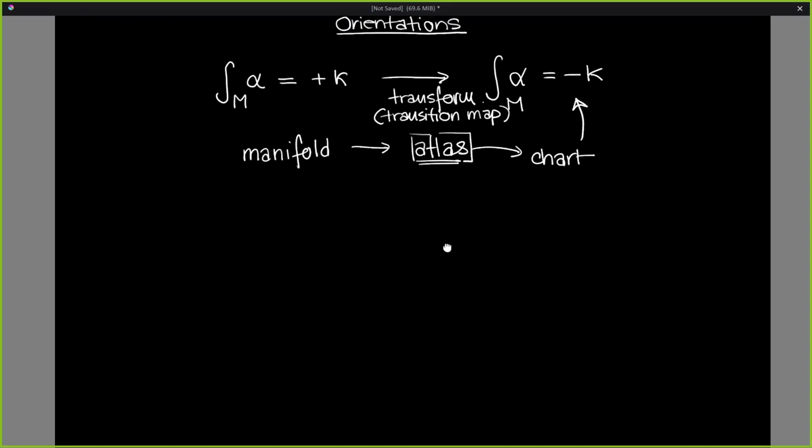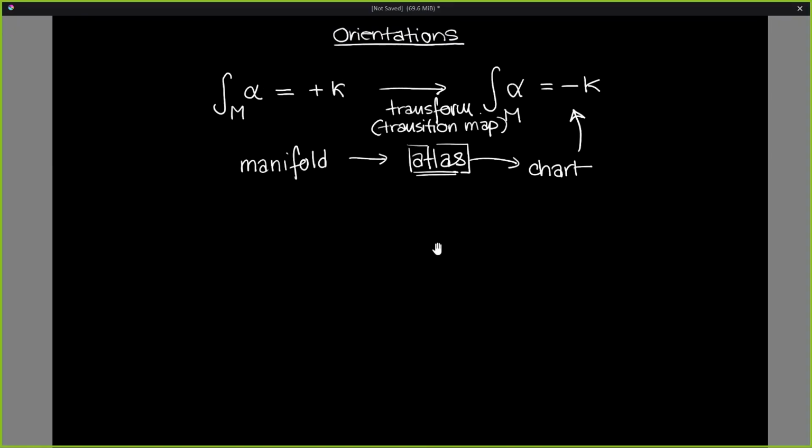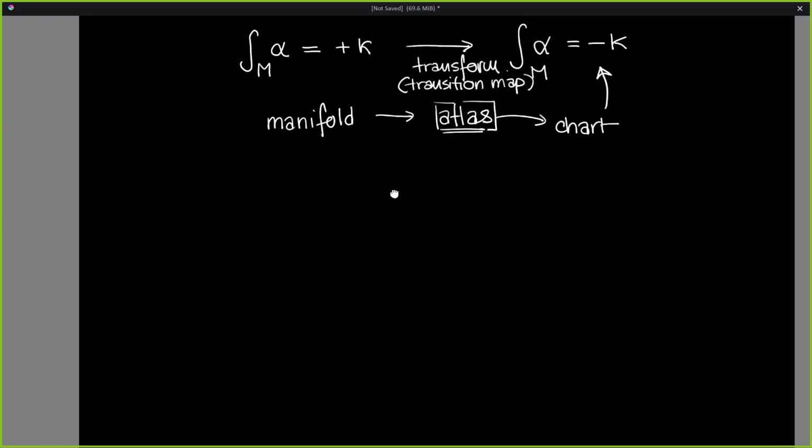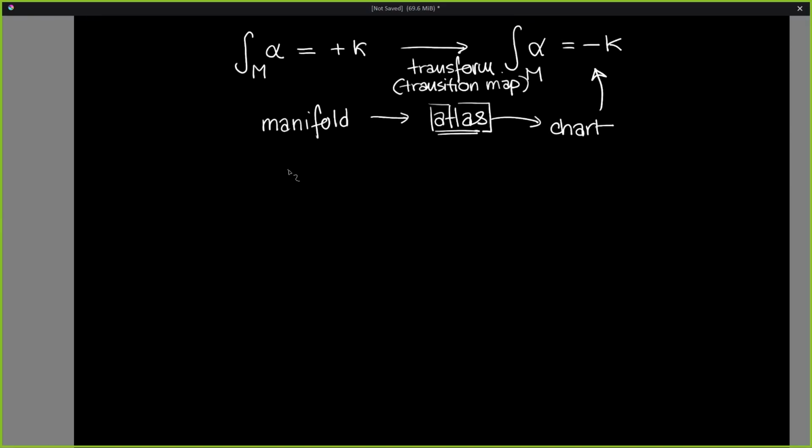So the next question is, how do we define an orientation? We can define an orientation first on vector spaces, and then we're going to use that, orientations on vector spaces, so that we can orient a tangent space.